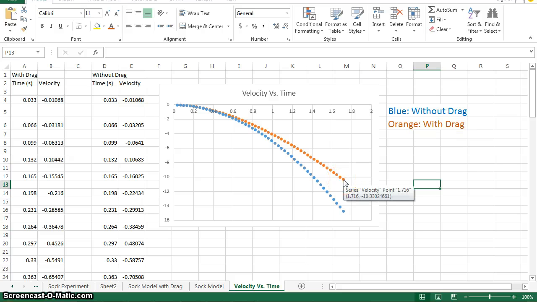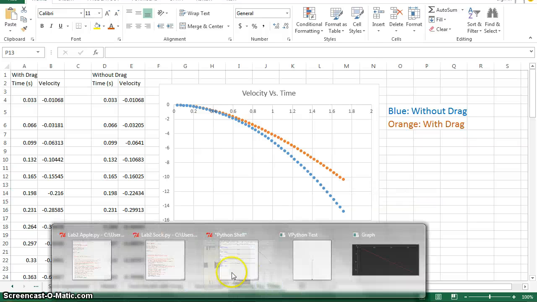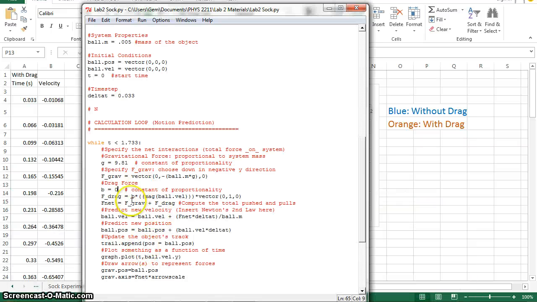And so because the drag force equals gravity, the net force begins to equal 0, and basically in this equation, net force equals 0, and in turn, when this becomes 0, this whole section right here becomes 0, and the ball velocity would be constant.